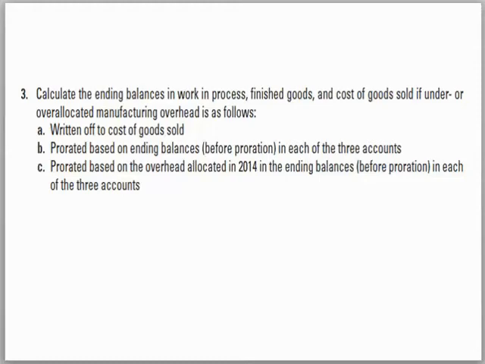To write off to cost of goods sold, we won't change any numbers in work in process or finished goods, but the difference will appear in the cost of goods sold account.